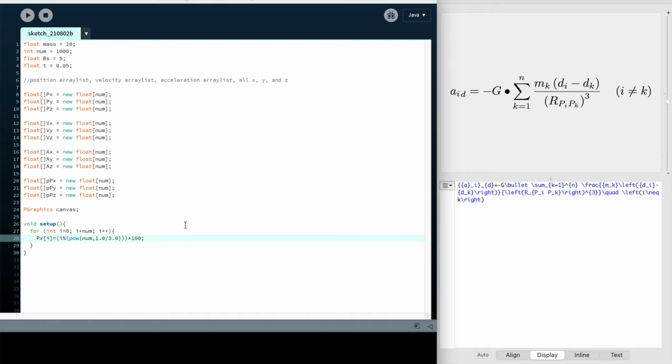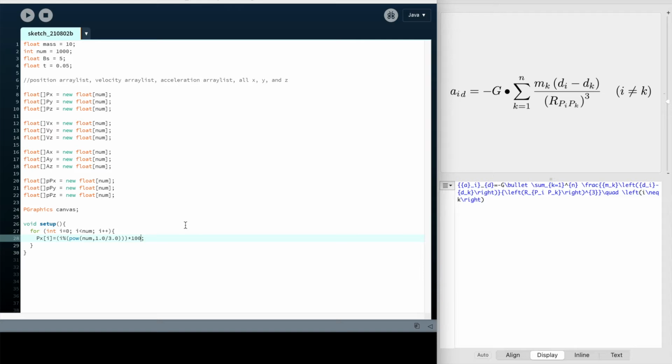But as I said before, I'm going to have to then subtract all values by 450, or you could say I'm going to have to subtract all values by 100 times 9 divided by 2. It's always going to be 100 times num to the power of 1 over 3 minus 1, divided by 2.